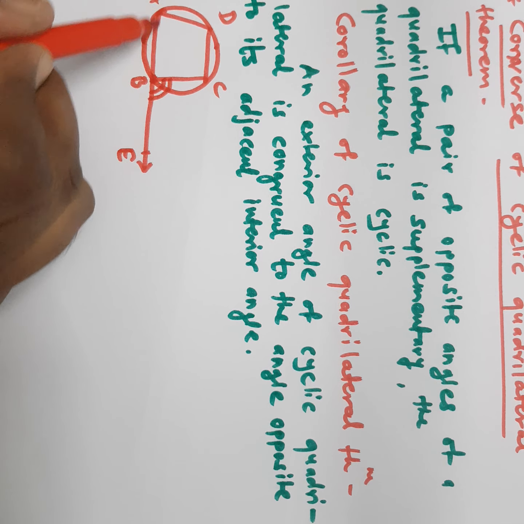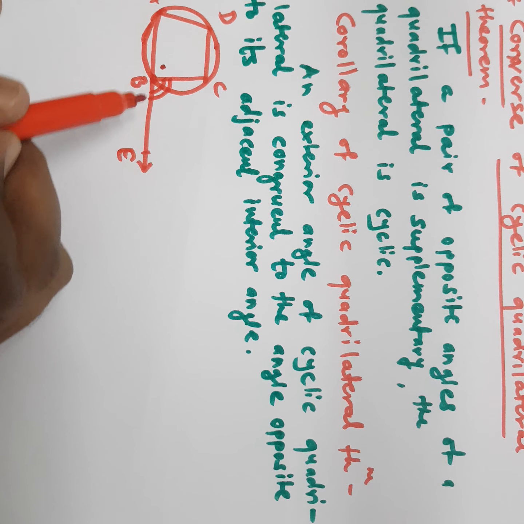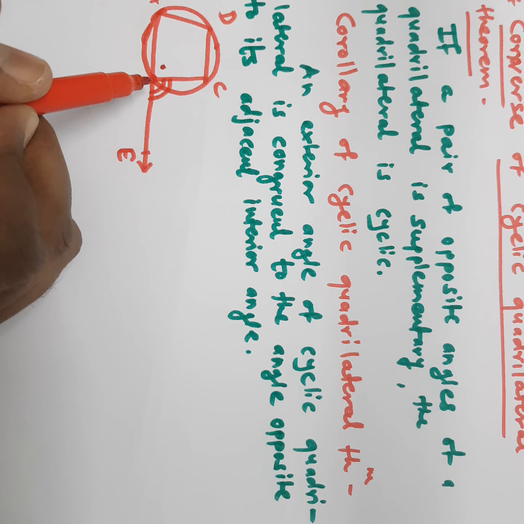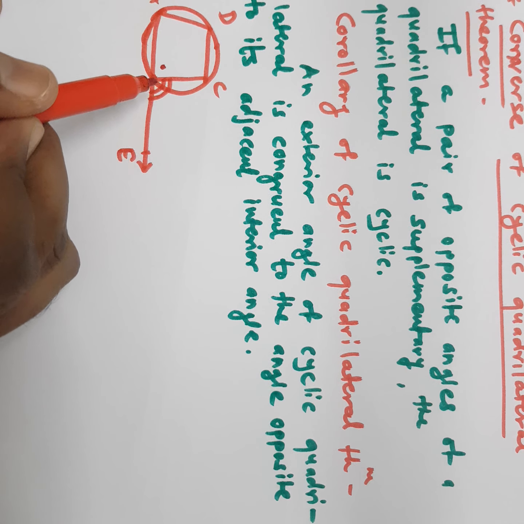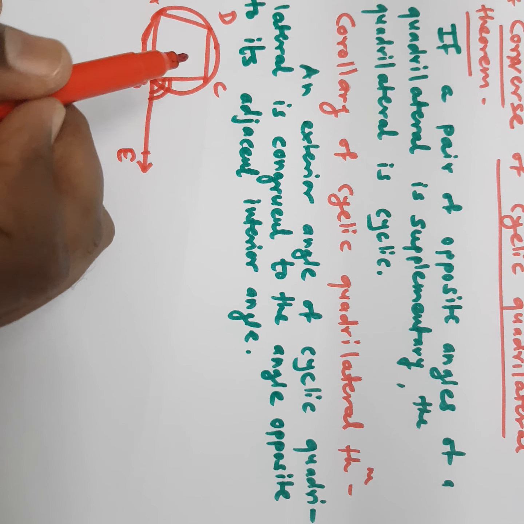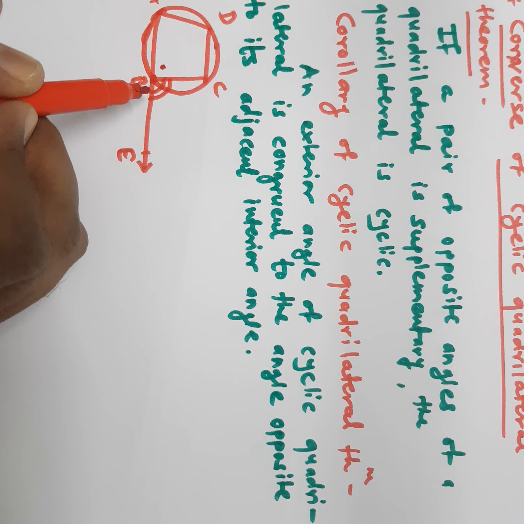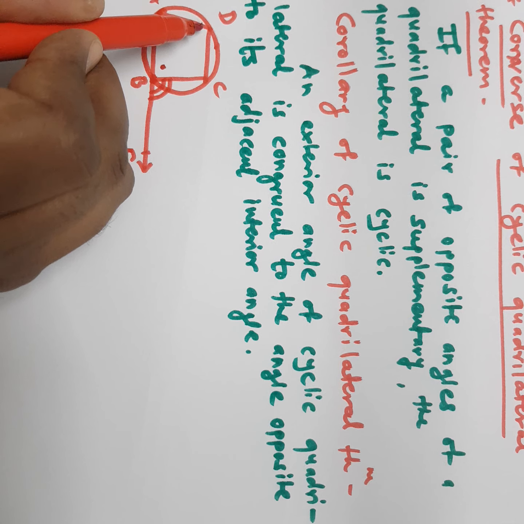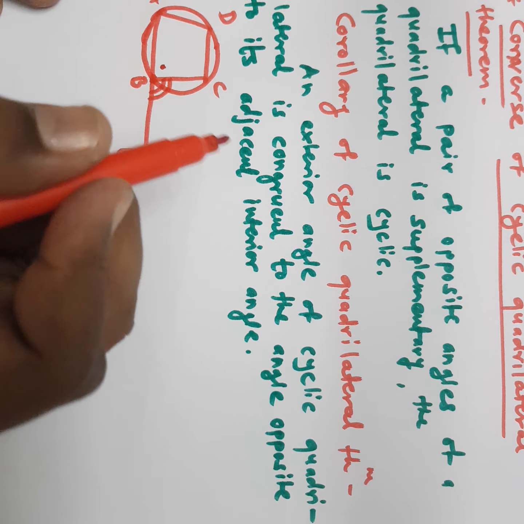This angle ABC is called the adjacent interior angle of this exterior angle, and the theorem is that the measure of angle CBE is equal to the measure of angle ADC. The exterior angle of a cyclic quadrilateral is congruent to the angle opposite to its adjacent interior angle.